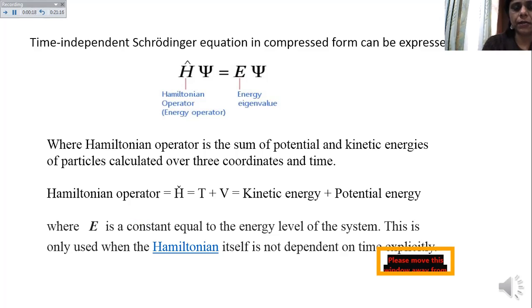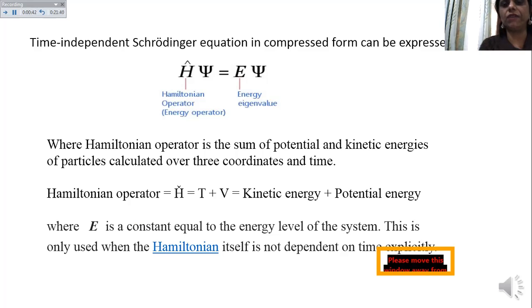What is the Hamiltonian operator? It is the sum of potential and kinetic energy of particles calculated over three coordinates and time. Three coordinates means our three-dimensional x, y, z, and with respect to time, and it is the sum of kinetic and potential energy. Why is it a sum of kinetic and potential energy?